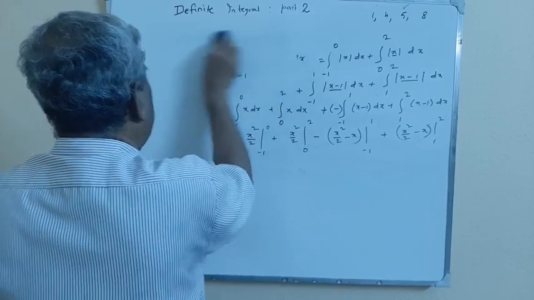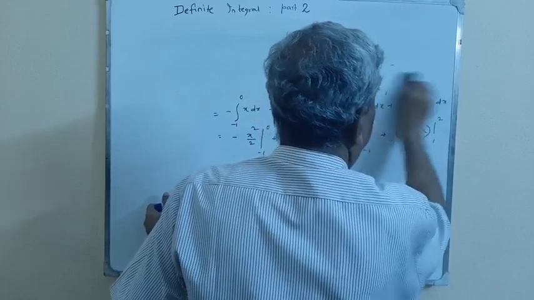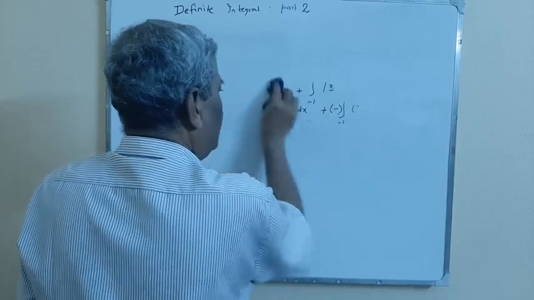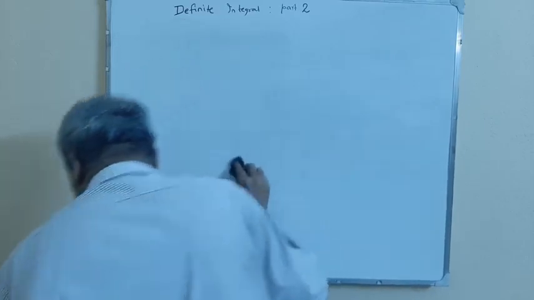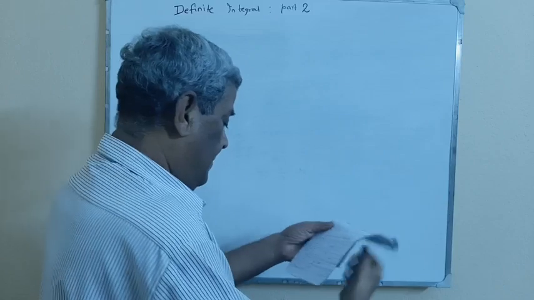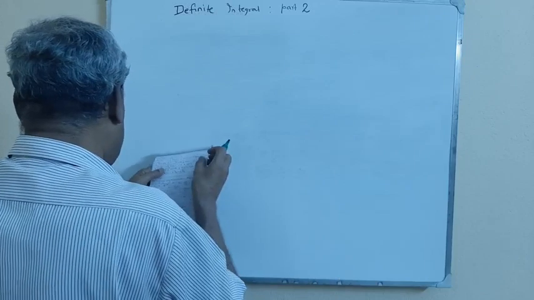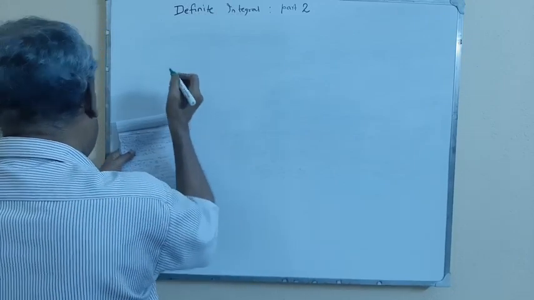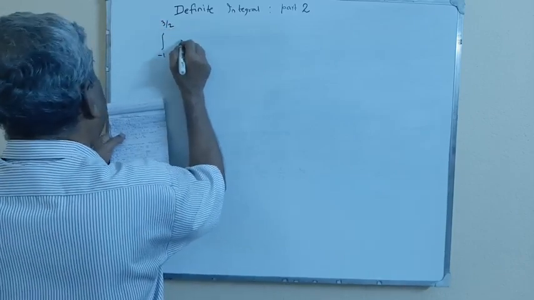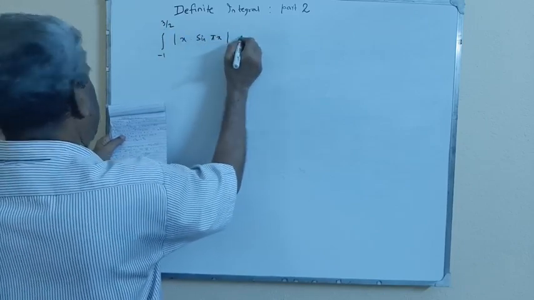Next, let us see what our next problem is. Here also this problem is again a modulus problem: integrate from -1 to 3 pi by 2 of mod of x sine pi x dx.